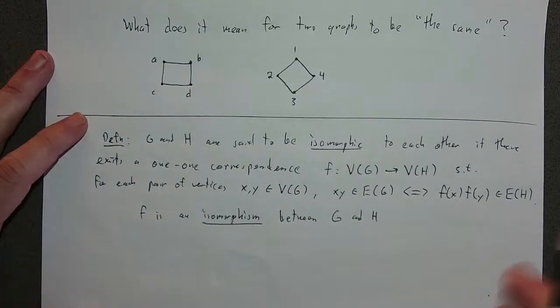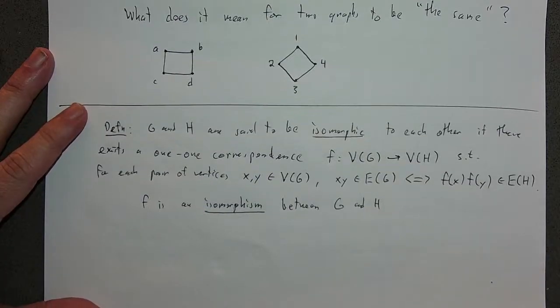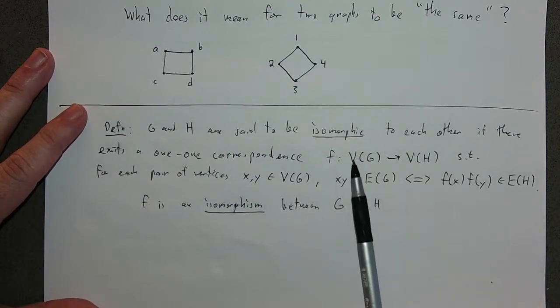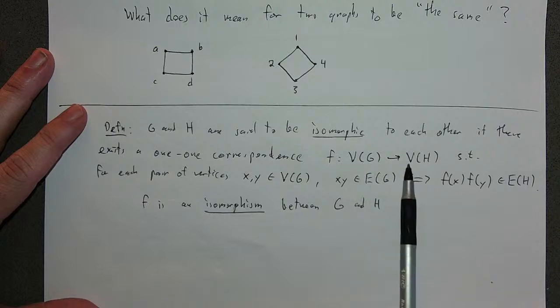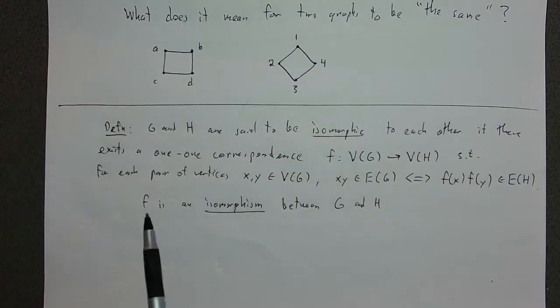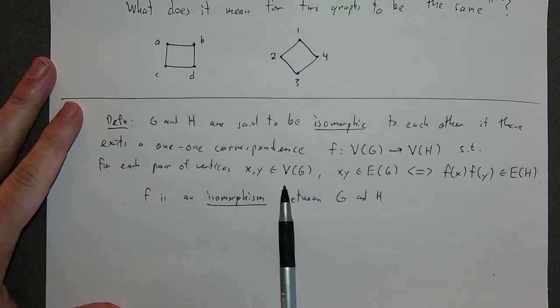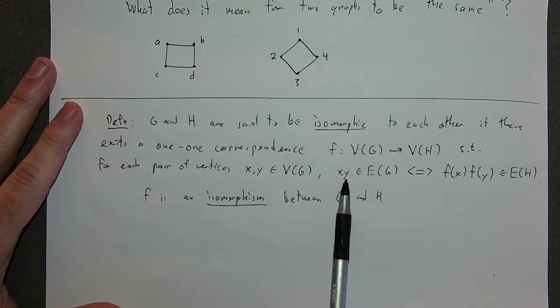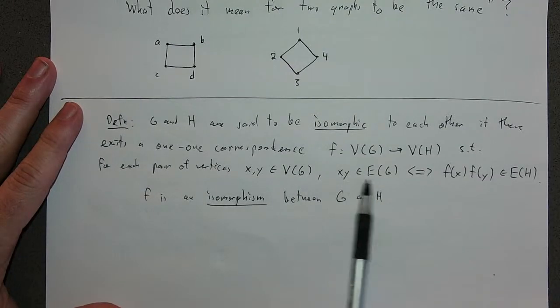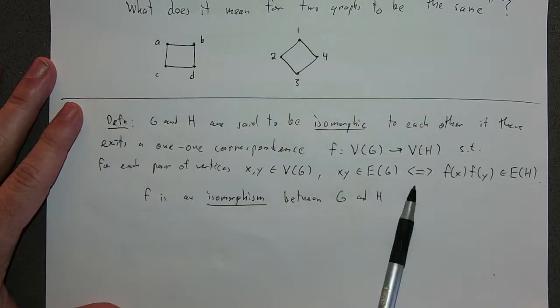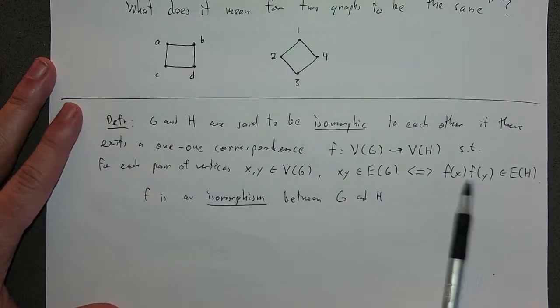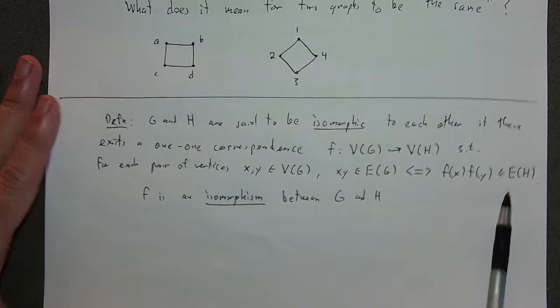They are isomorphic to one another if there exists a one-to-one correspondence F, going from the vertex set of G to the vertex set of H, such that for each pair of vertices in the vertex set of G, this edge, xy, is in the edge set of G if and only if the image of the two vertices, that edge, is in the edge set of H.